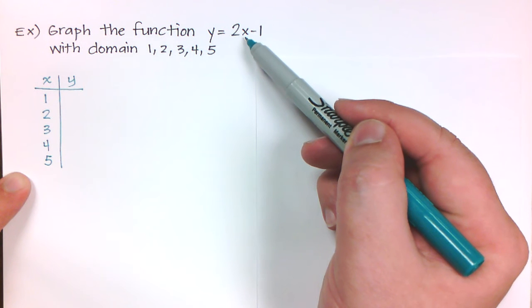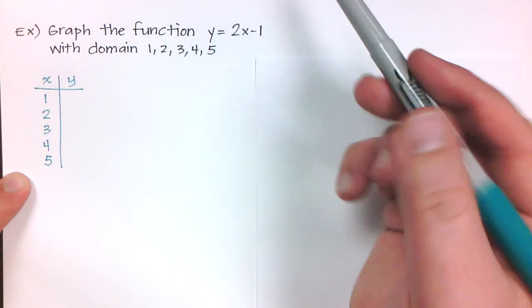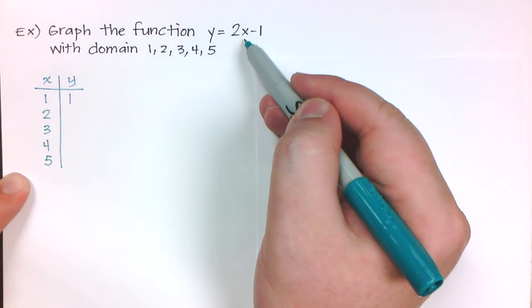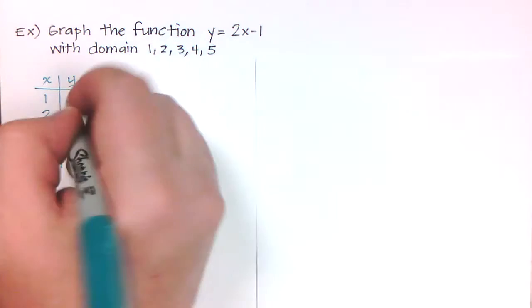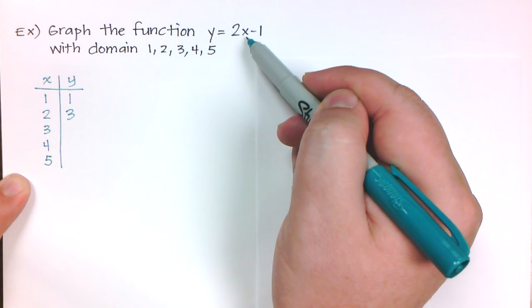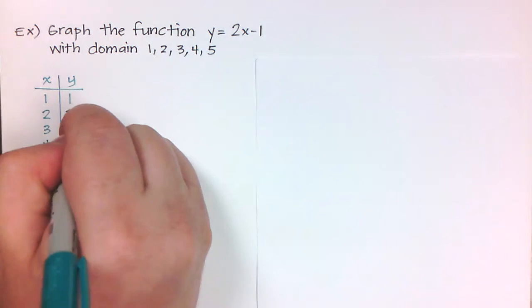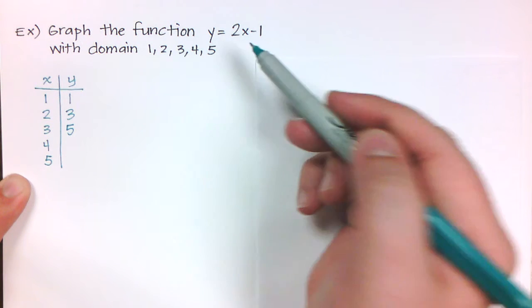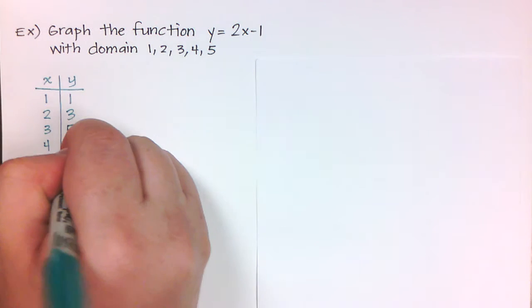2 times 1 is 2, minus 1 is 1. Let's do the next one. 2 times 2 is 4, minus 1 is 3. 2 times 3 is 6, minus 1 is 5. 2 times 4 is 8, minus 1 is 7.